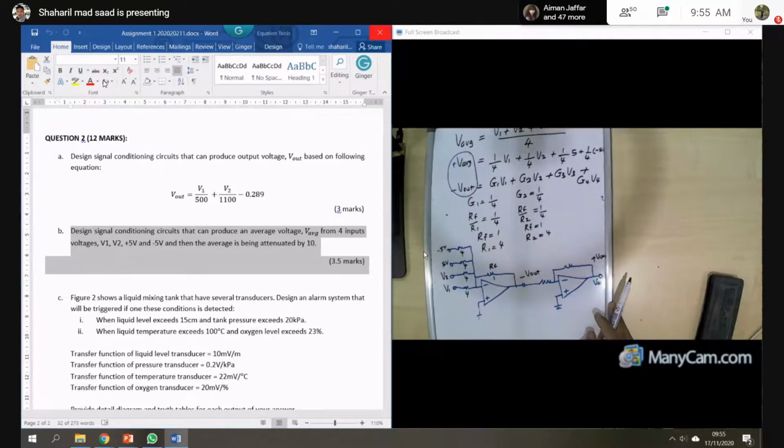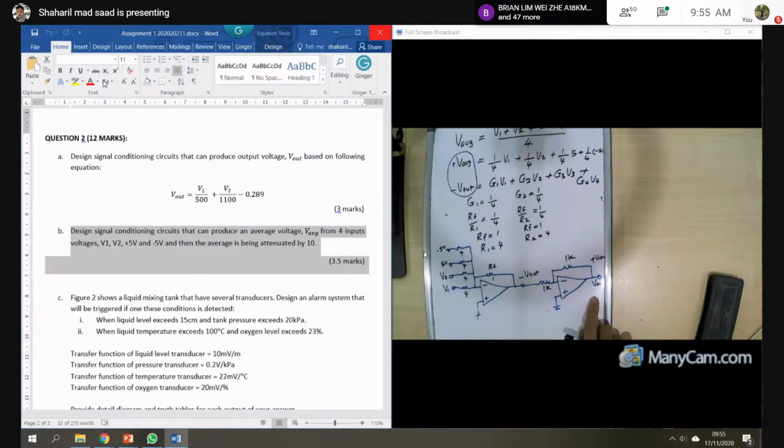And you can use the 1K and 1K here. You can get the V average here. However, the answer said that the average is being attenuated by 10. That means attenuated, from the larger voltage it becomes a smaller voltage.